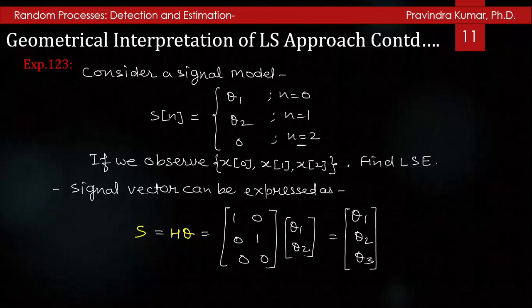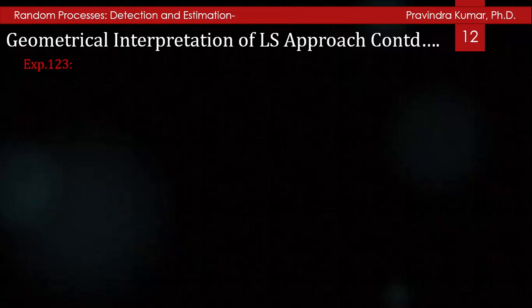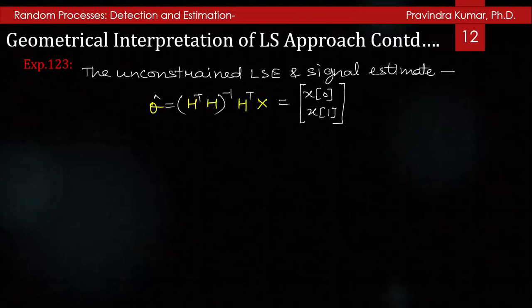And by this expression, the unconstrained LSE and signal estimate can be obtained as theta cap is equal to inverse of the matrix H transpose H into H transpose X. It is equal to the column matrix x0, x1, and s cap will be H theta cap.